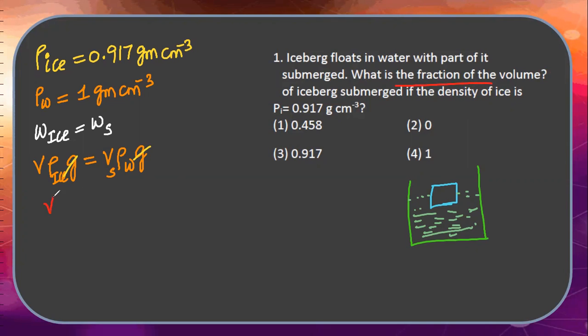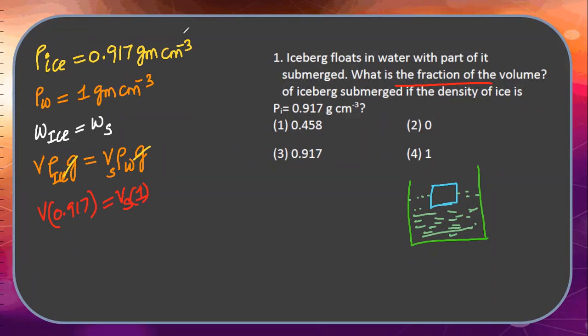Fraction of the volume submerged means total volume is V, and submerged volume is Vs, so we have to take Vs divided by V. So V into density 0.917 is equal to Vs into 1, where 1 is the density of the water.